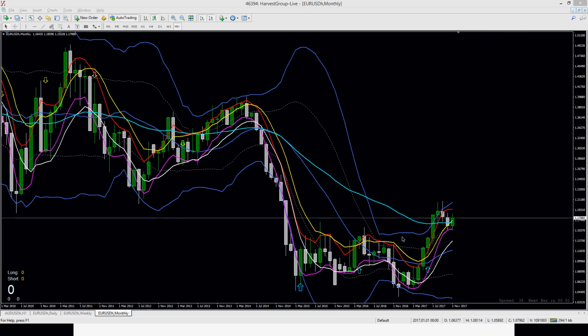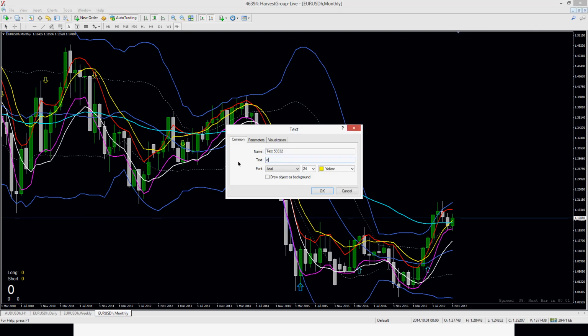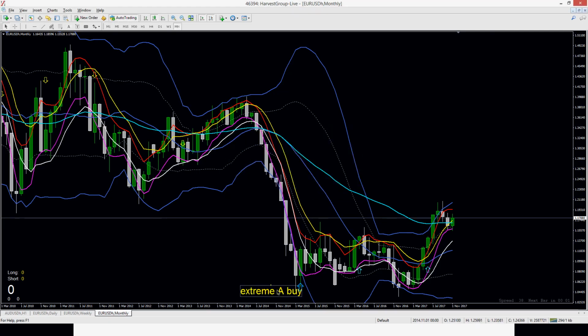So the next one will be the signals and setup. So what signals that we have available for the monthly basis is obviously an extreme buy over here. MA is outside of the Bollinger Band. Sometimes it's quite important for you to mark all of these things so that you guys understand.